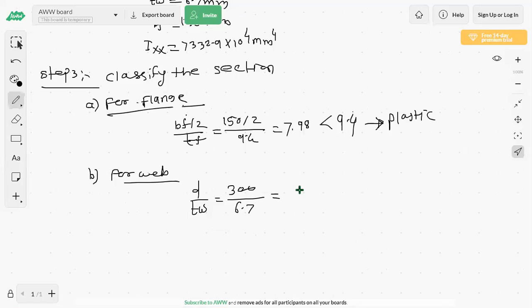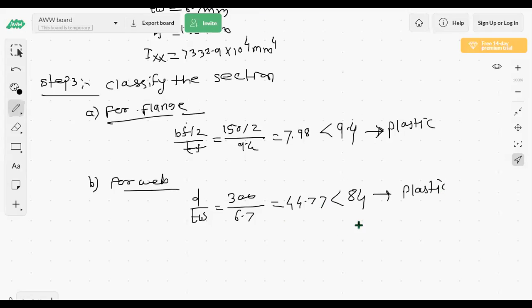How much is this? 44.77. It is less than 84. Hence again plastic. So for web and flange, both sections are plastic.